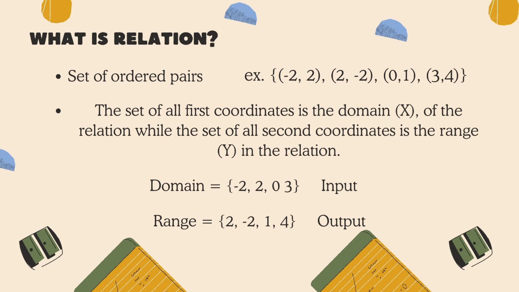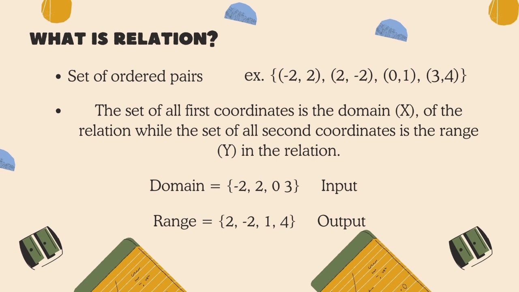So, in our example above, our domain or x value is the first numbers, which are -2, 2, 0, and 3, while our range or y value is the second numbers, which are 2, -2, 1, and 4.